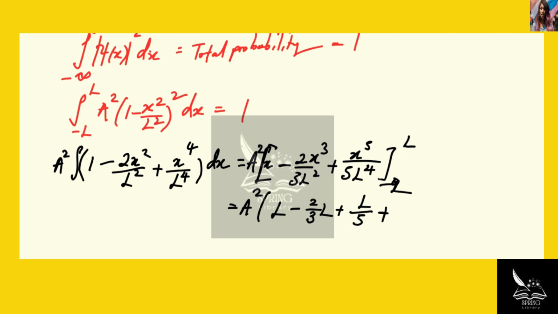So minus negative L would be just plus L, x cubed would be negative L cubed, so minus negative L cubed, it's still a minus.